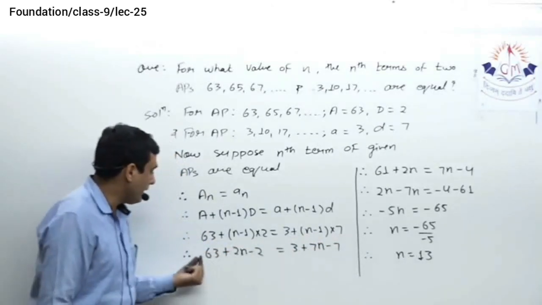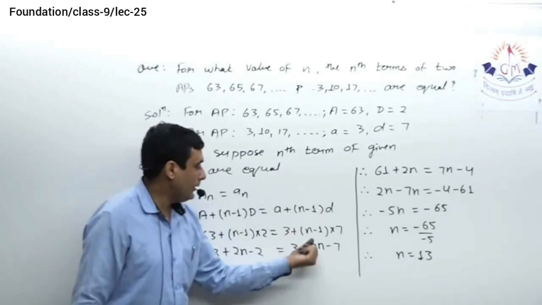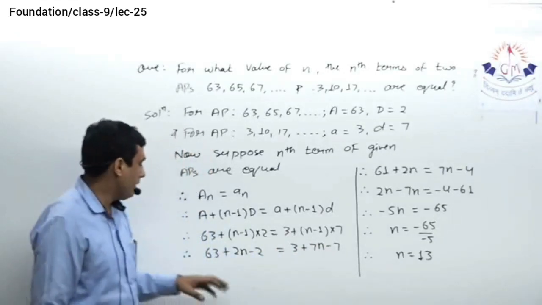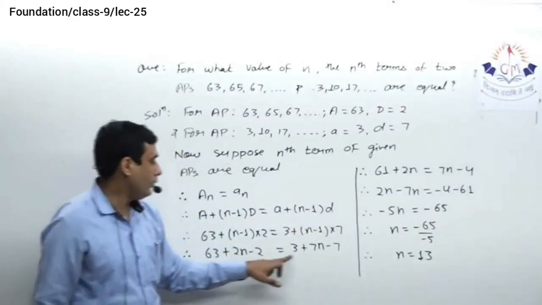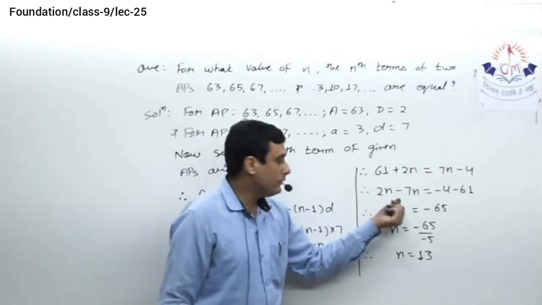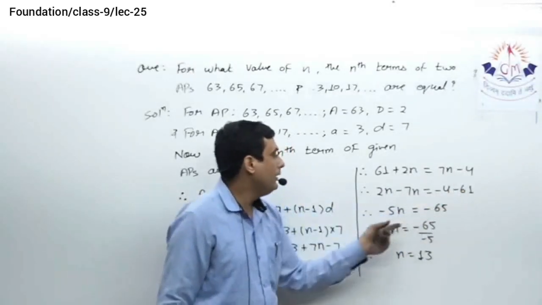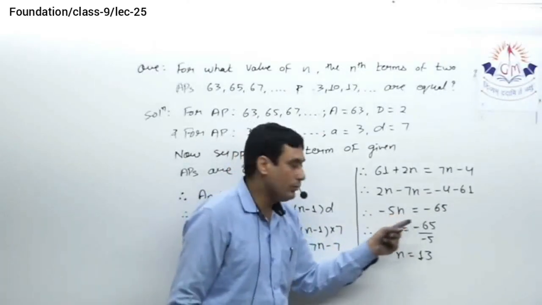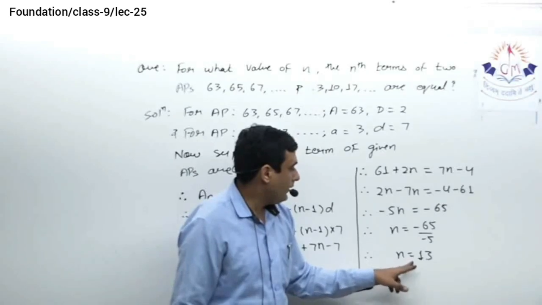Then on simplification I got 63 plus 2n minus 2, and 3 plus 7n minus 7. Now 63 minus 2 is 61 plus 2n, and over here 7n minus 4. Now I took 7n to this side, so 2n minus 7n, and I took 63 to that side, so minus 61. So ultimately minus 5n equal to minus 65, which gives me the value of n.